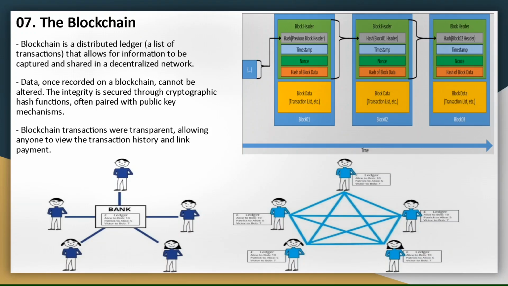If anyone tries to tamper with the data in block 2, the hash will not match. It will be verified that the transaction is not valid, so it is untamperable. So the integrity is secured through cryptography, as mentioned. This is the general structure of blockchain.